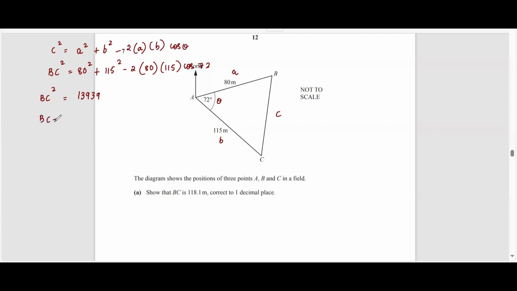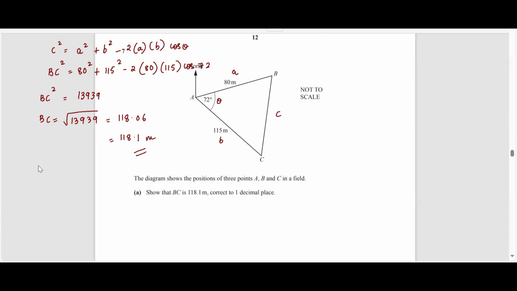So we need BC. BC will be the square root of this 13,939. The square root of the answer will give me 118.06. When we correct it to 1 decimal place, we'll get it as 118.1 meter. So we got the length BC as 118.1 meter using the cosine rule.